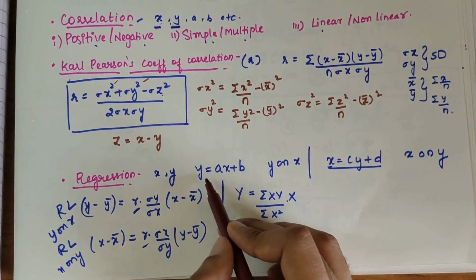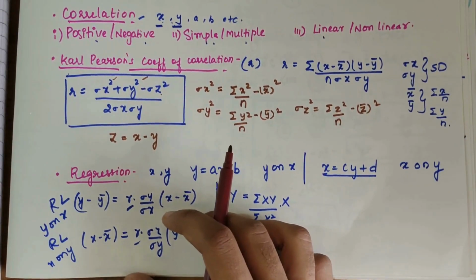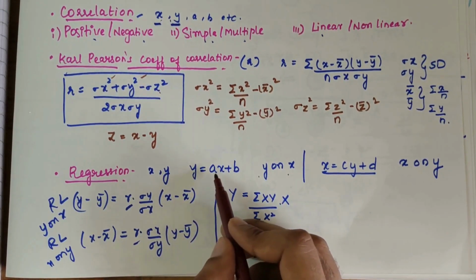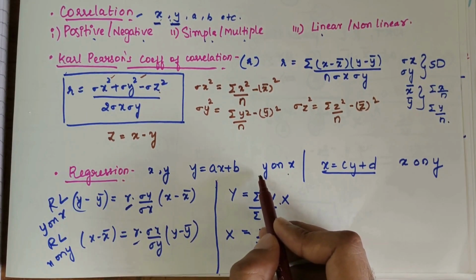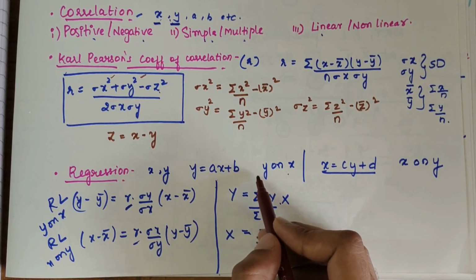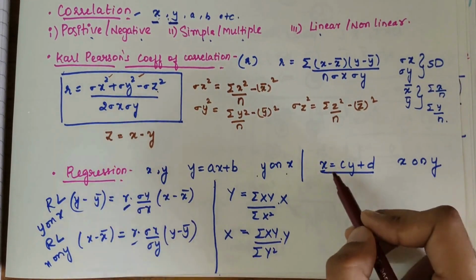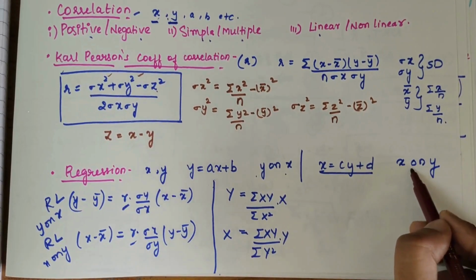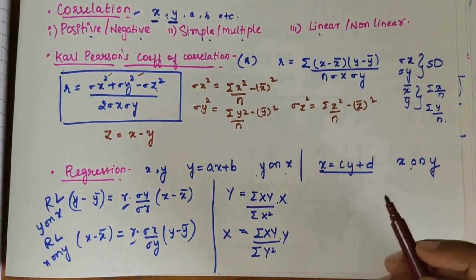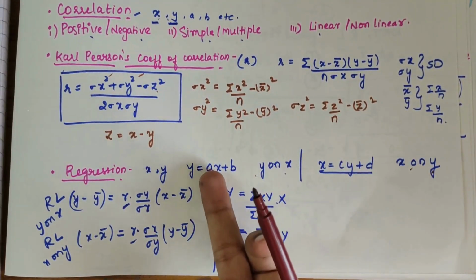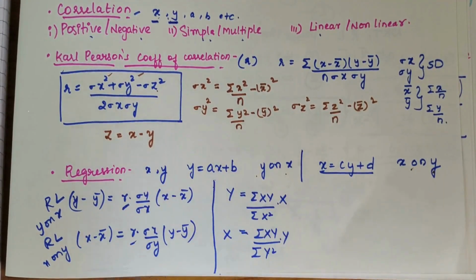That is, the one regression line defining the relation between y and x can be written as y is equal to ax plus b, where we define it as the regression line of y on x. Similarly, x is equal to cy plus d is the regression line of x on y. So regression lines are basically two lines which obey these straight line equations.